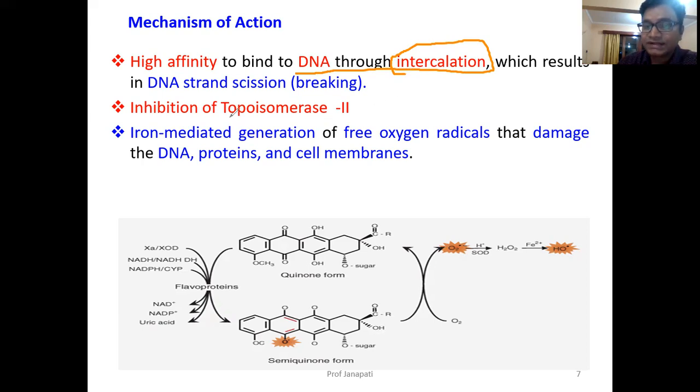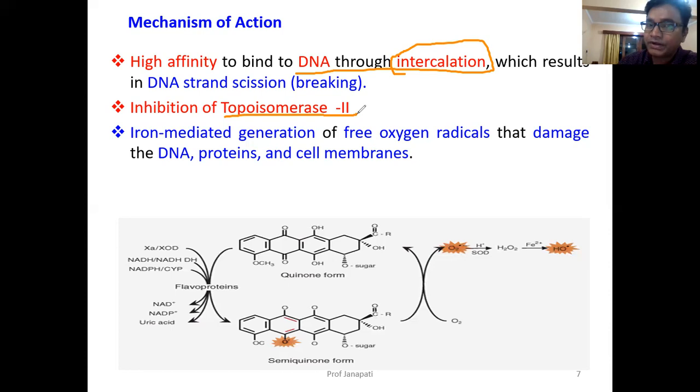And one more is that these drugs block topoisomerase 2. Topoisomerase 2 is an enzyme which helps in unwinding the DNA molecule, or it prevents topological stress during the process of unwinding. So when there is no unwinding, there is no formation of DNA molecule.